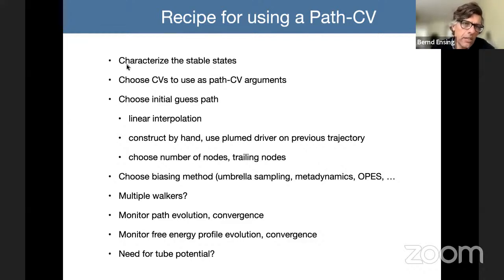And then if you choose the collective variables to describe your transition to go from A to B, which can be distances or angles or all sorts of collective variables, also maybe much more complicated things. There's a lot of stuff available in PLUMED, of course. Then you can actually use, for example, the PLUMED driver, or you already do it immediately during the simulation in the stable states, and you print out these collective variables.